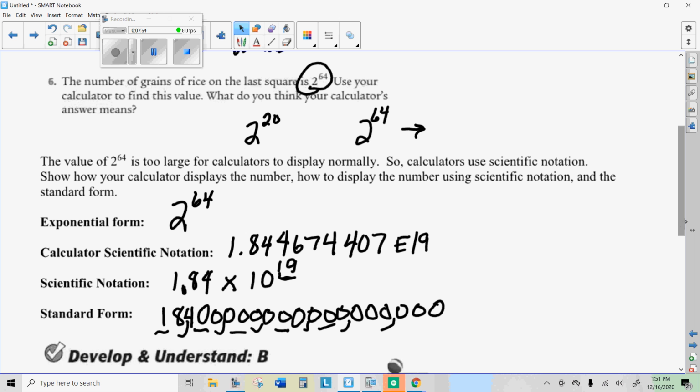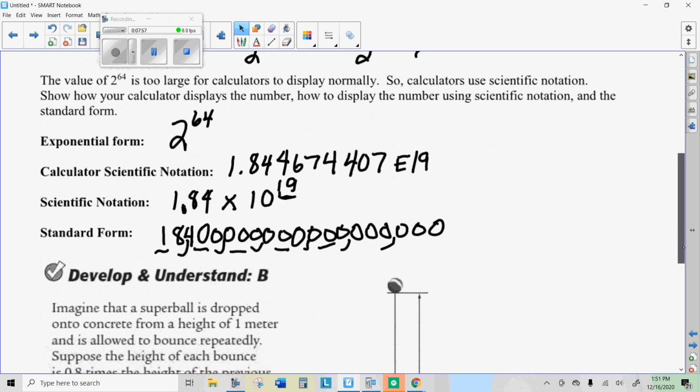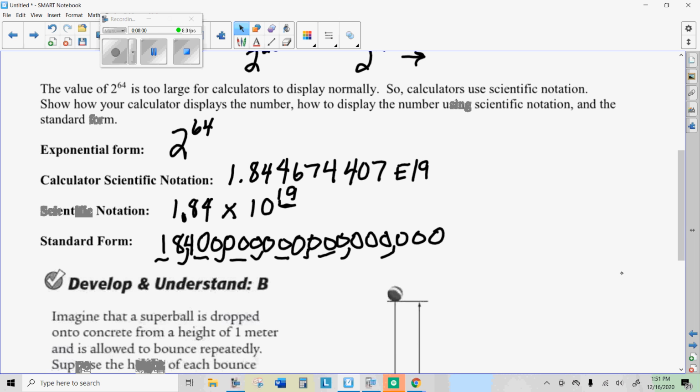That's quite a bit. Now that's just on the 64th square, so we actually have to add all the other grains of rice on the rest of it. And to do that, I'll just tell you this, that this expression will represent the total. So it actually would be 2 to the 65 power minus 1.